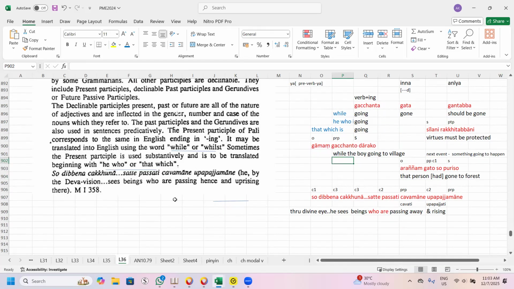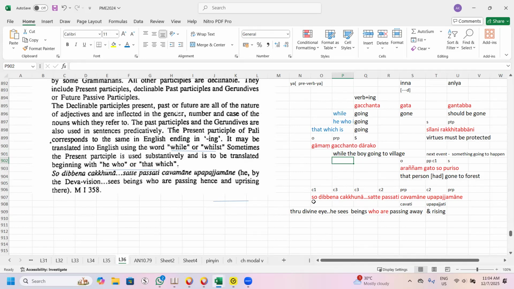So let me finish the last line, and then after that we stop. "Dibaca kuna", okay, "sate pasati Jawa bande", and then this "upa pacamane". Can you see this is nominative, and this is an adjective to this. Can you see this is with divine eye. So I put "through divine eye".